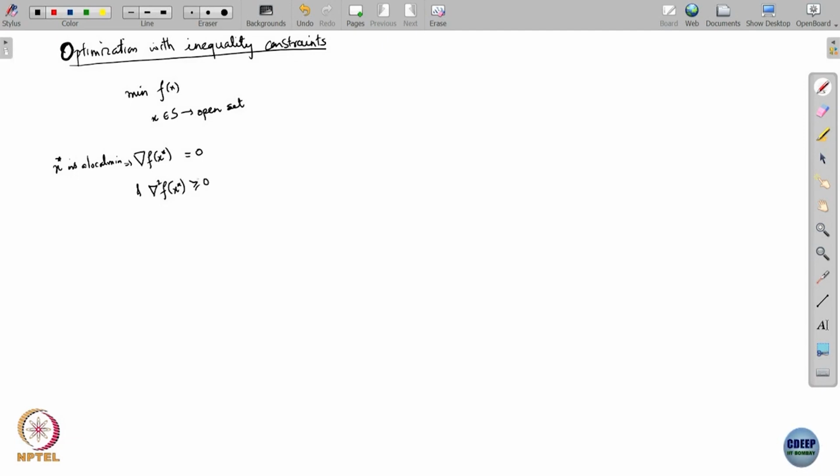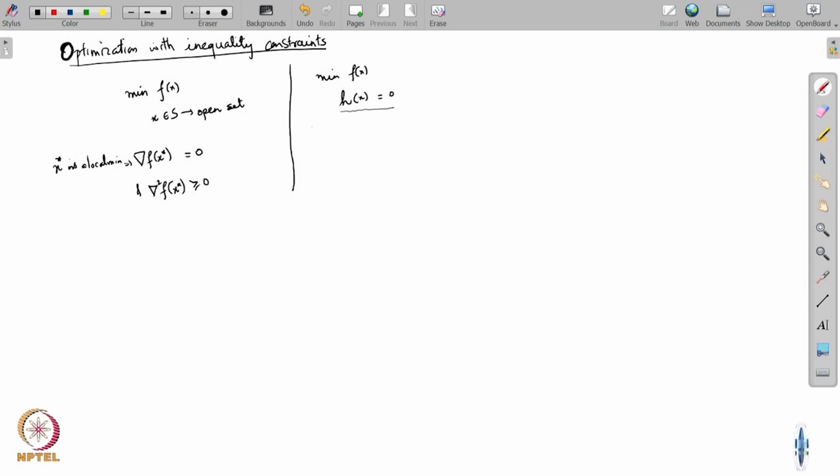Right. Now, if you have instead equality constraints, suppose you are minimizing this subject to an equality constraint, let us say for simplicity a single equality constraint h x equal to 0, then in that case we found that the necessary condition takes a slightly different form. You need to introduce another variable into the calculation, which is called the Lagrange multiplier corresponding to this constraint.